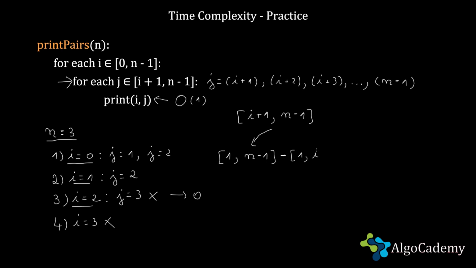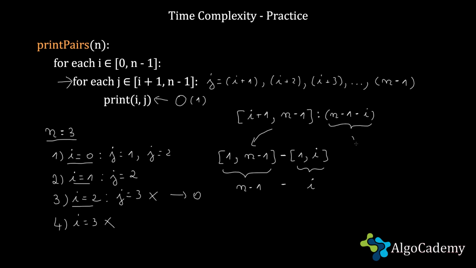So from 1 to I, I will get this range, right? So how many elements do I have in this range? From 1 to n minus 1, n minus 1. Cool. How many elements do I have in this range? From 1 to I, I elements. Awesome. So in this range, I'm going to have a total of n minus 1 minus I elements, right?